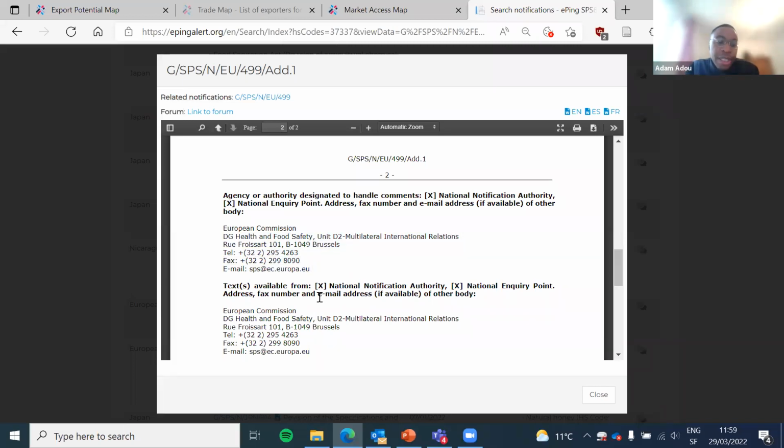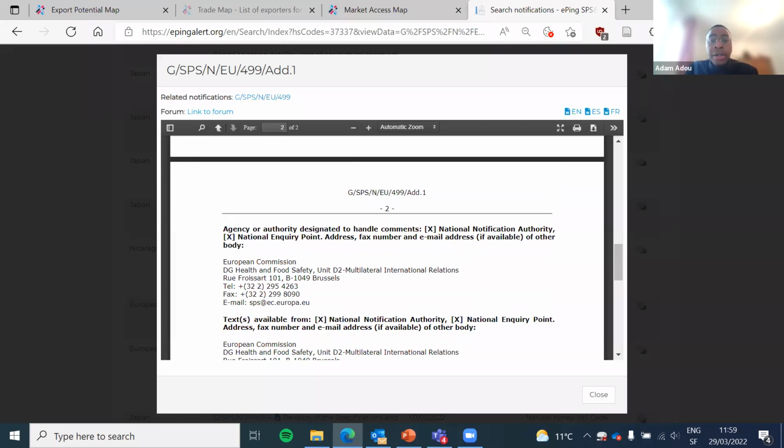In here, you can contact the European Commission if you don't understand the regulation. Or on ePing, you will also be able to contact focal points allocated for each country, who will be able to answer all your questions regarding the notifications. All this is to install this public-private dialogue.